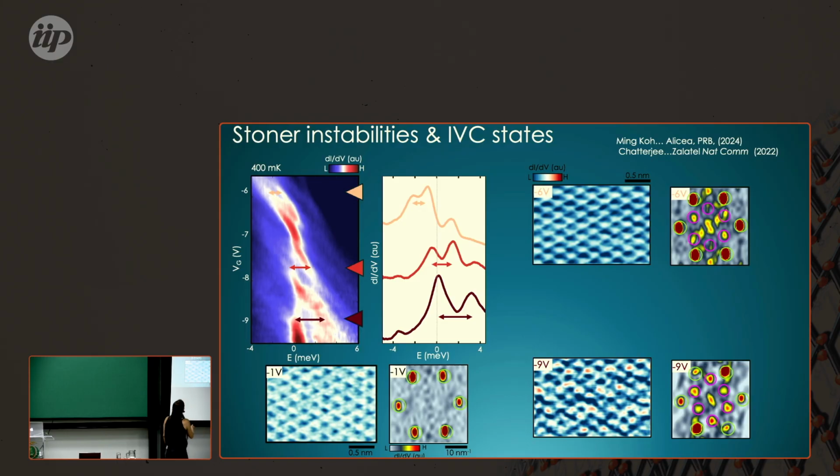We don't see it by eye in real space, but when we take the Fourier transform, again we see these additional Bragg peaks. If we do the same in the middle splitting, I'm showing here only the Fourier transform, we don't see the additional peak. We see only the graphene peaks, similar to what we see here when we don't expect any effect of correlation.